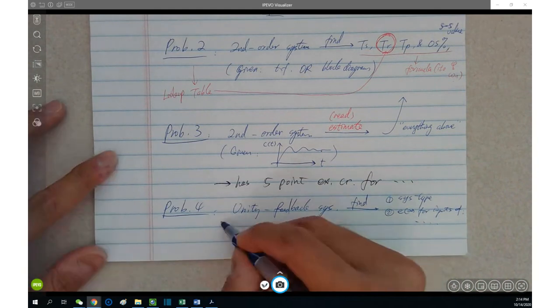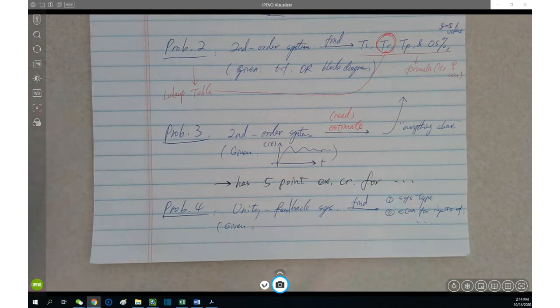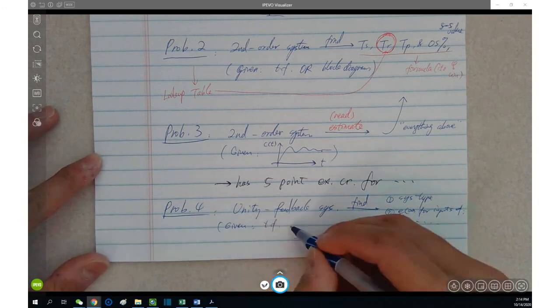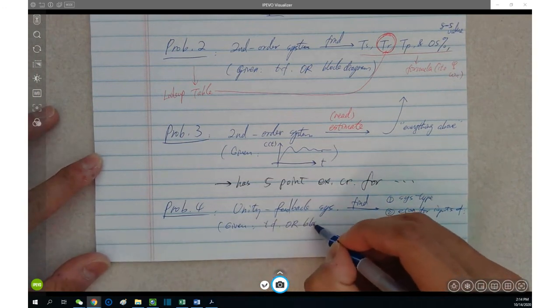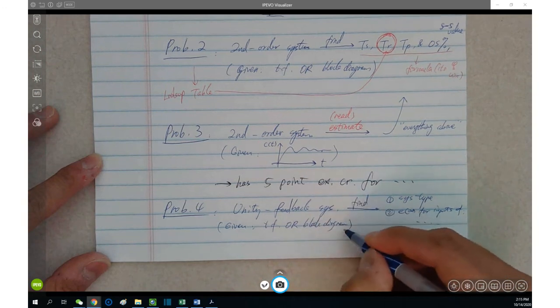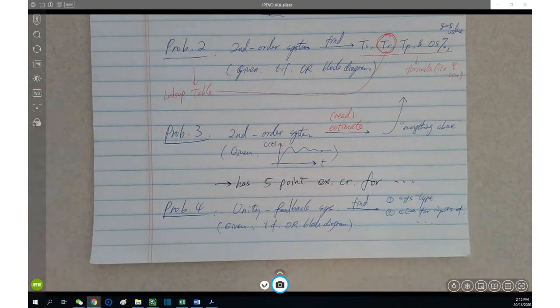Here, as you can see from different examples, the given is either a transfer function directly or a block diagram. It's not difficult, that's good.